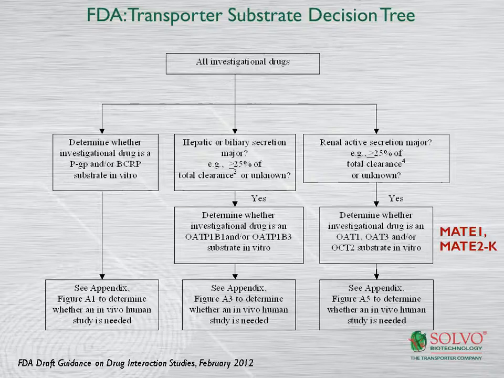If there is a renal elimination, the renal uptake transporters also need to be assessed. I wrote it on the side because in the new guidance there's not such a nice decision tree. Also OAT1 and OAT3 need to be assessed.